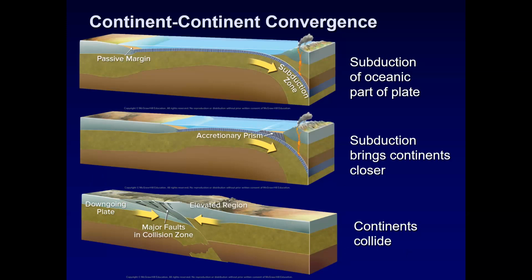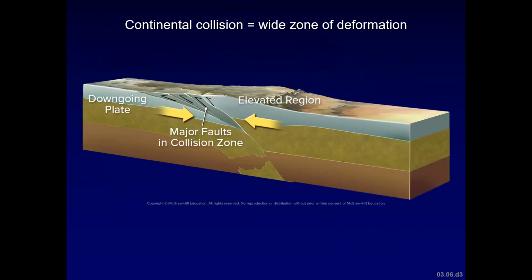Those are going to form a large mountain belt, not unlike the Himalayas. Okay. Continental collisions have a wide zone of deformation. Parts of both of those plates are sliced off within the zone, but continental plates are buoyant, so subduction stops. There's not a lot of melting in the mantle.